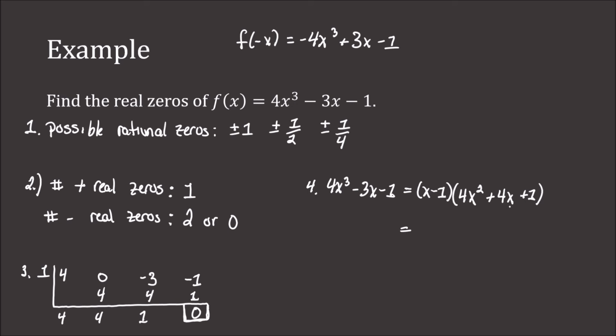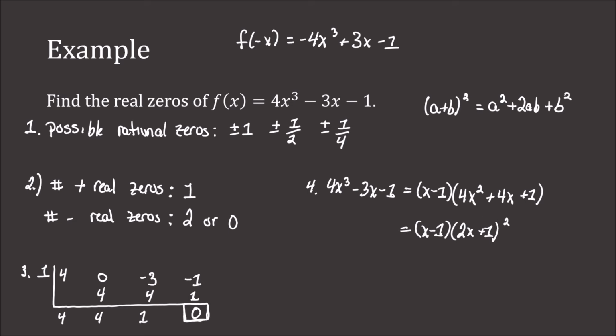This is a perfect square binomial. So we have x minus 1 times 2x plus 1 squared. Right, so remember from algebra, a plus b quantity squared was a squared plus 2ab plus b squared, and this is what we call a perfect square binomial. That's how I was able to determine this here.